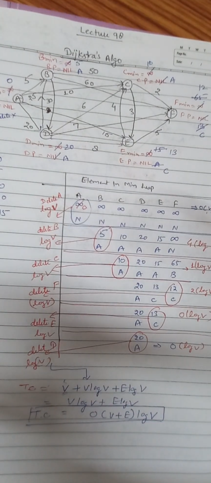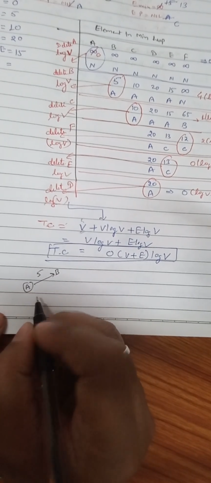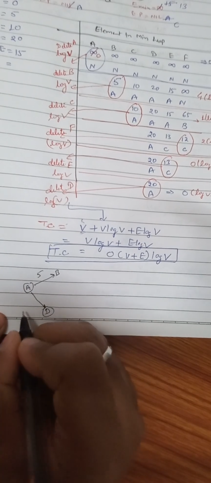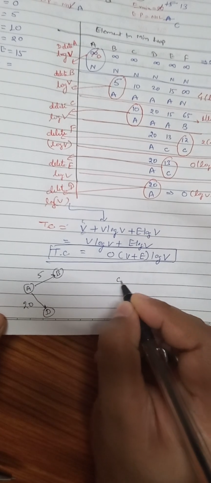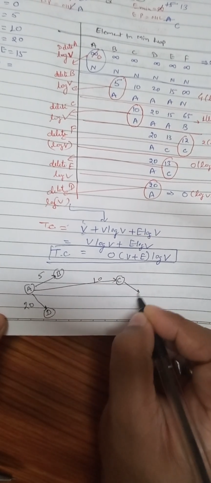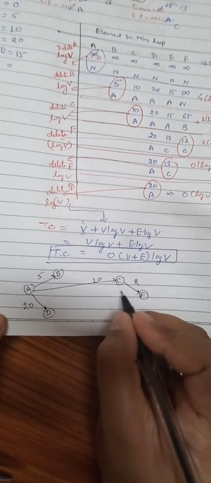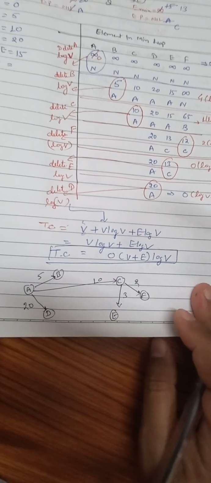Now we are going to make the final graph so that it will give more clarity. So from here A to B 5, A to D 20, A to C 10, C to F 2, and C to E 3.